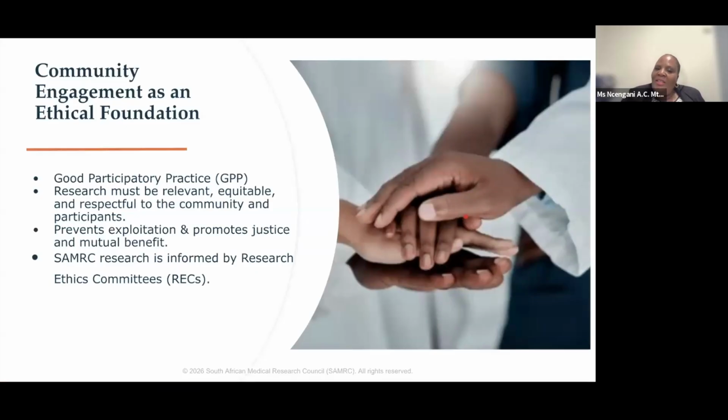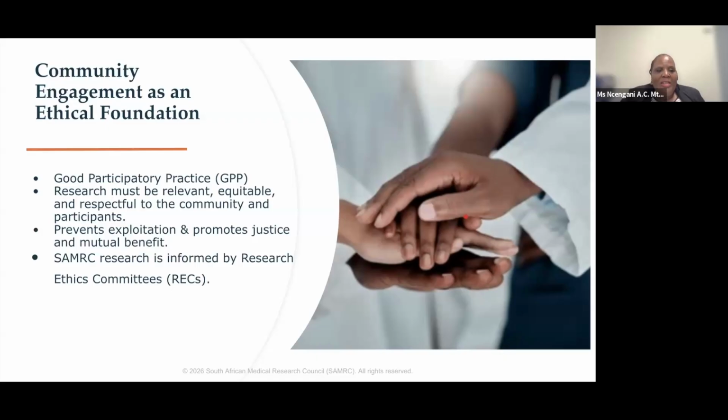Community engagement is grounded in GPP, which means that our research must be relevant, it must be equitable, and it must be respectful to the communities, participants, and other general stakeholders that we work with.